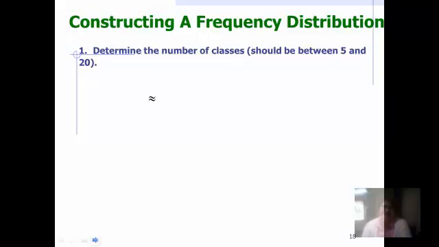Is it going to be 10? Is it going to be 20? But I will tell you that another way to look at it is to just look at the number of data points that we have, take the square root of it and round it and make it something that's convenient.